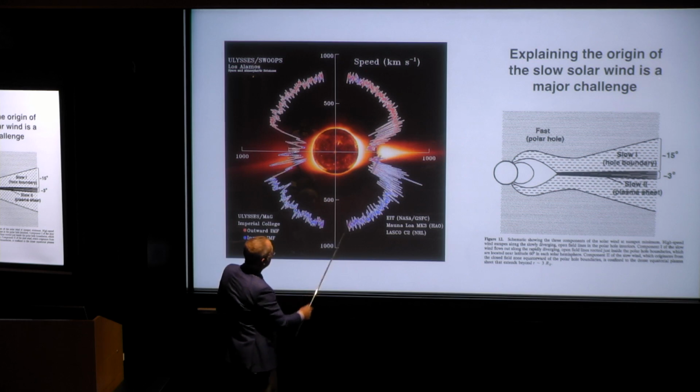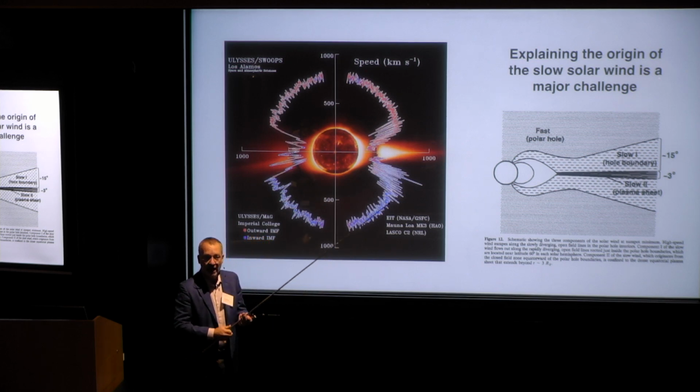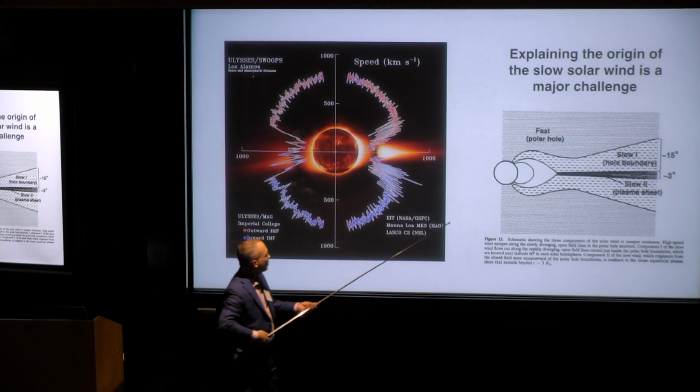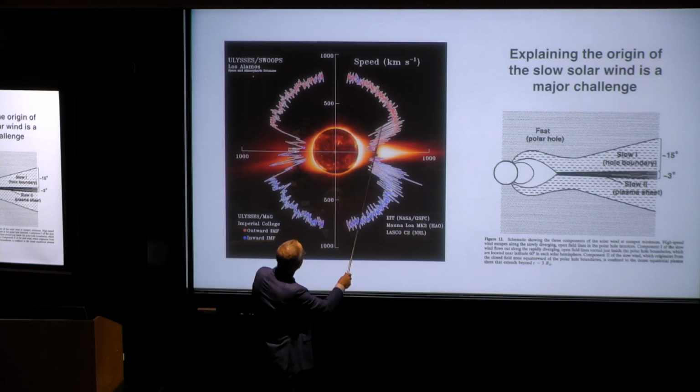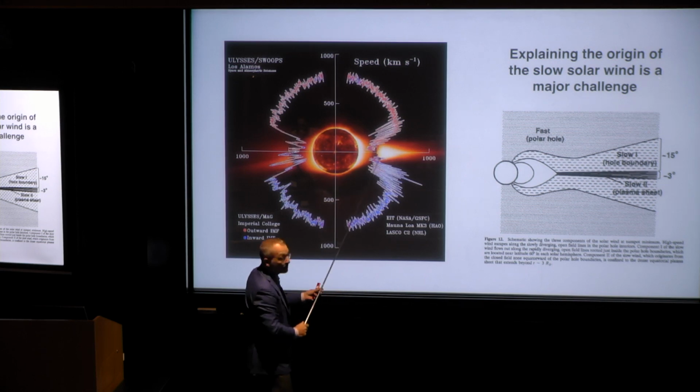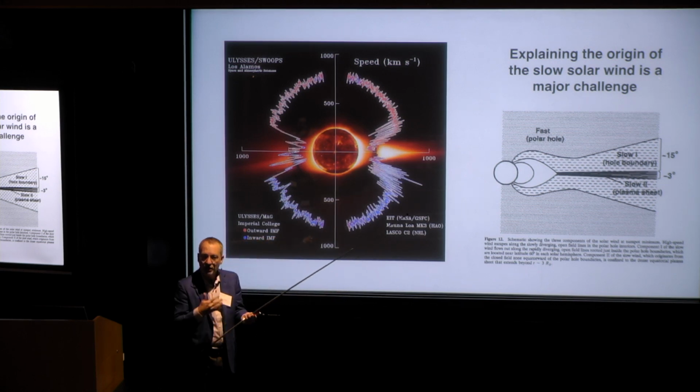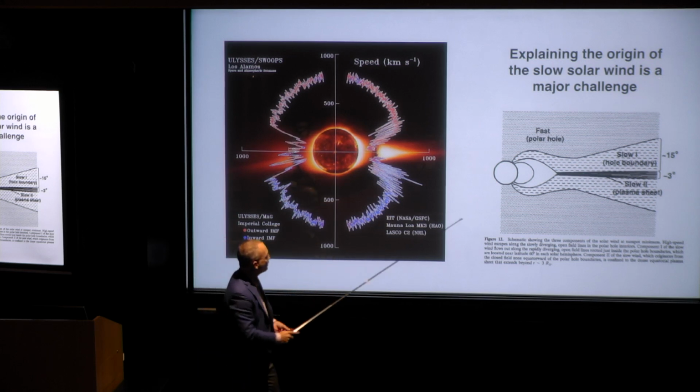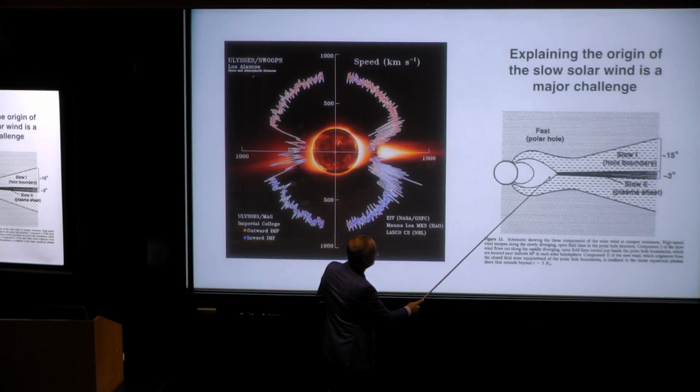In this region, the question is, how does plasma go from closed field lines close to the sun to open field lines and fuel the slow solar wind? The solar wind on open field lines is fast. The solar wind emitted from the region where the field lines we believe are closed is the slow solar wind. And we're interested in how plasma is transported between here and here.